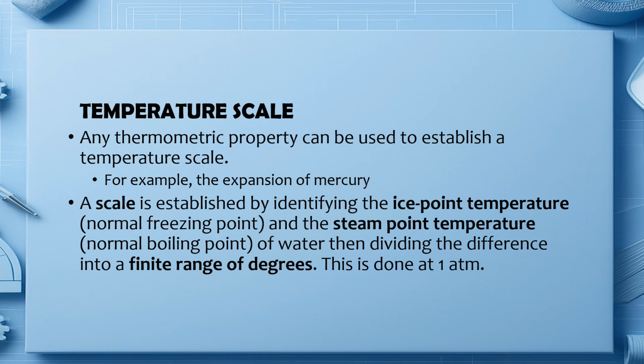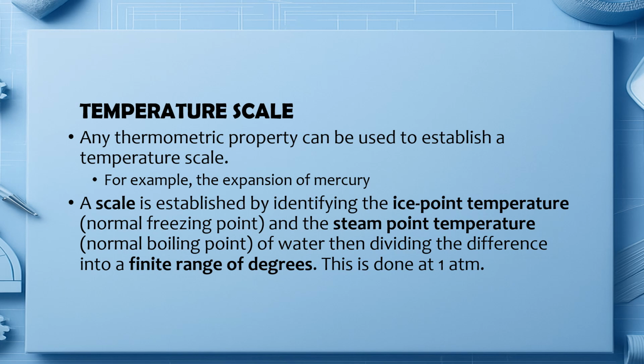Any thermometric property can be used to establish a temperature scale, for example, the expansion of mercury. A scale is established by identifying the ice point temperature, or the normal freezing point, which is 0 degrees Celsius, and the steam point temperature, or the normal boiling point of water, which is 100 degrees Celsius, and then dividing the difference into a finite range of degrees.